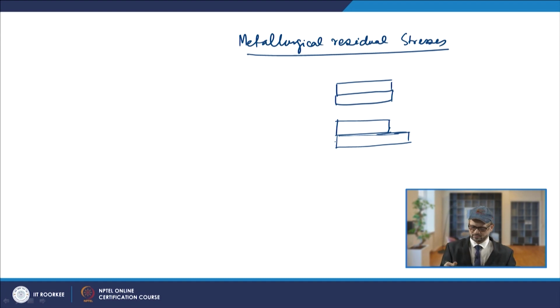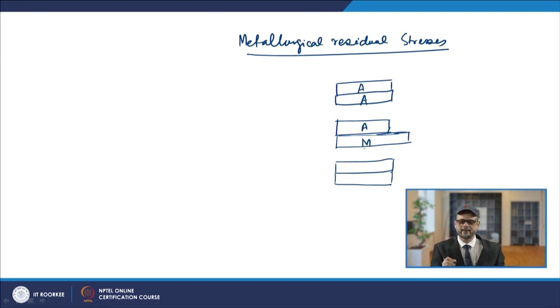So in the equilibrium case, this is your austenite and this is austenite, and after transformation this austenite becomes martensite. In the final case, if you have austenite and martensite like this, this austenite will be in tension and this will be in compression.